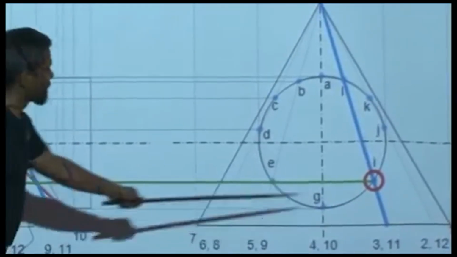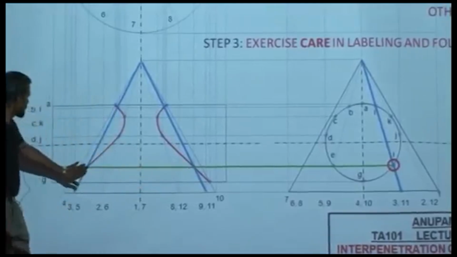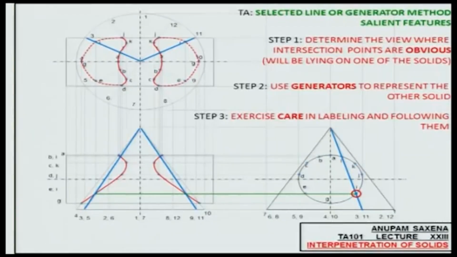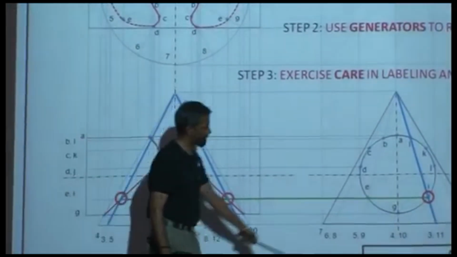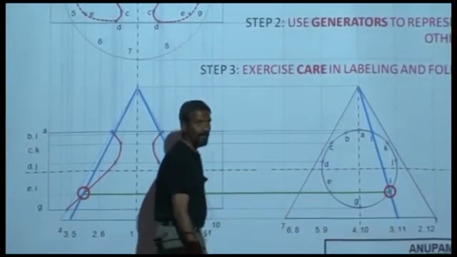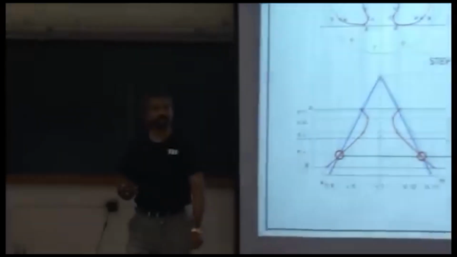So this intersection point gets mapped at these two points in the front view. And these intersection points lie on generators number 3 and 11 respectively. Now which of these, 3 or 11, is towards you?